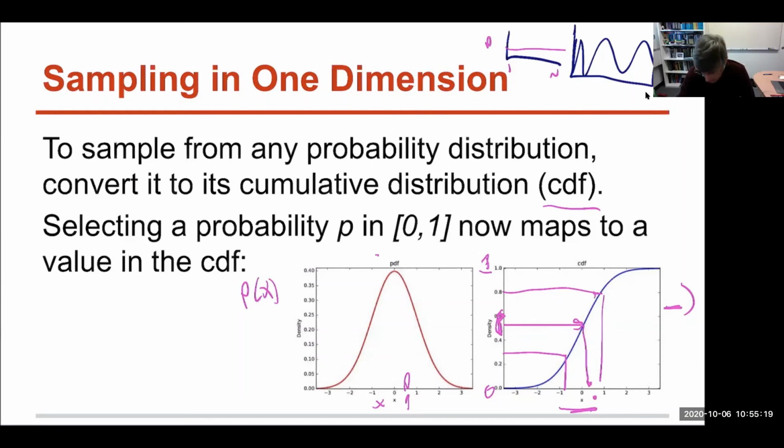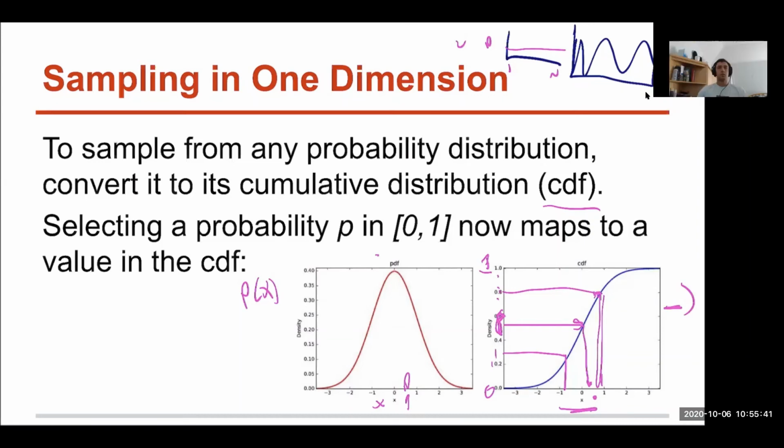So what am I doing? I'm randomly sampling the Y's uniformly. This is easy to do. And then I'm going to map from that Y value to figure out what X it was that generated it. And these X's are the random samples from the normal distribution.